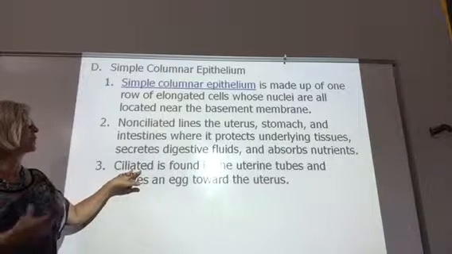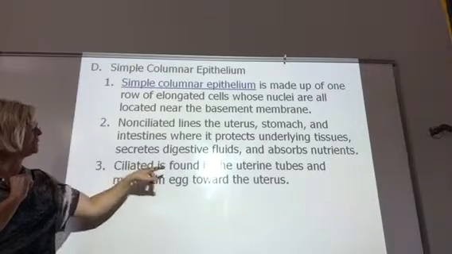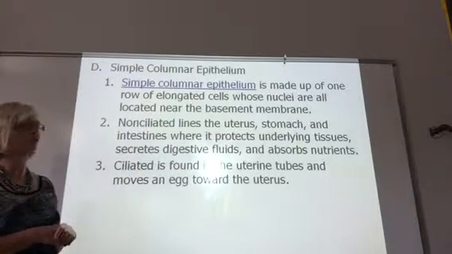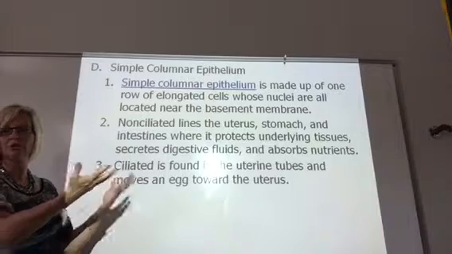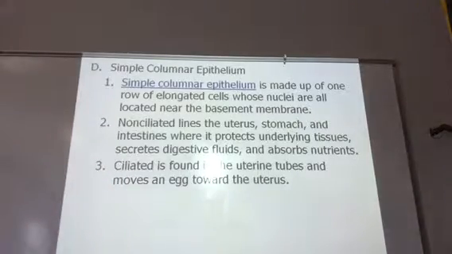Ciliated, so a columnar epithelial that has cilia on it is going to be found in your uterine tubes because those cilia are going to help to move the egg as it enters towards the uterus.